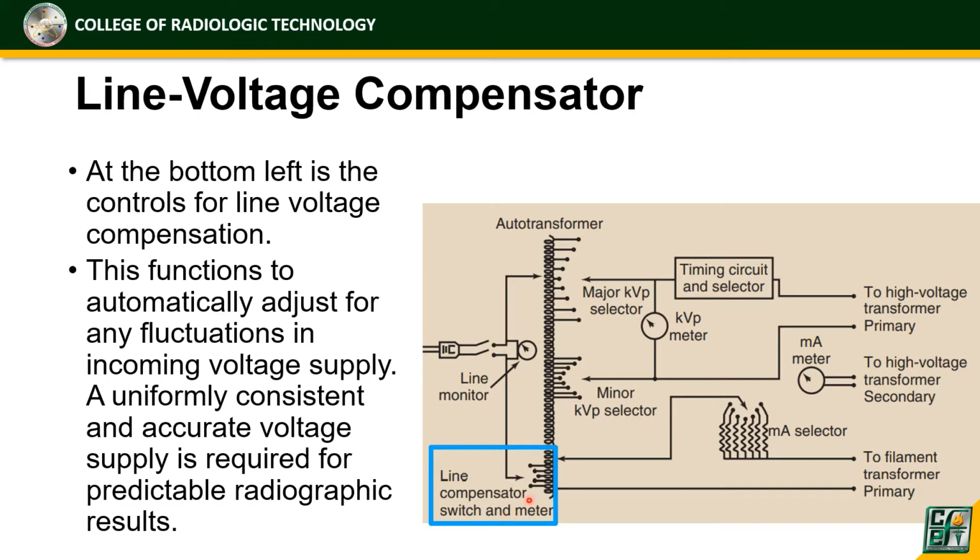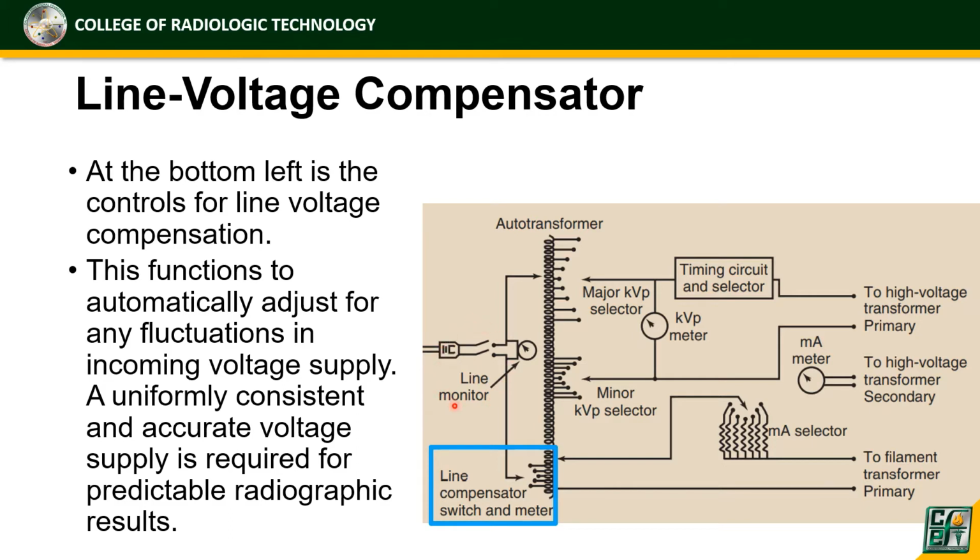So bakit ba may line compensation? Ang pumapasok na voltage sa ating machine is 220 from the source, di ba? 220. Sa lahat ng saksakan natin, it's 220. Hindi maiwasan na magkaroon ng fluctuation sa kuryente, sa voltahe ng kuryente.